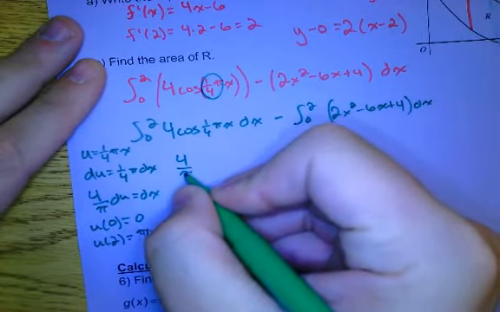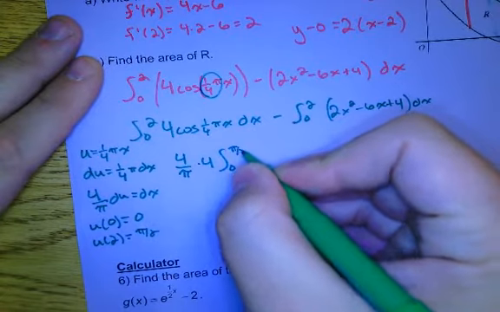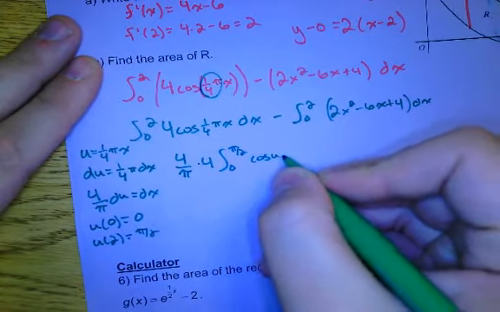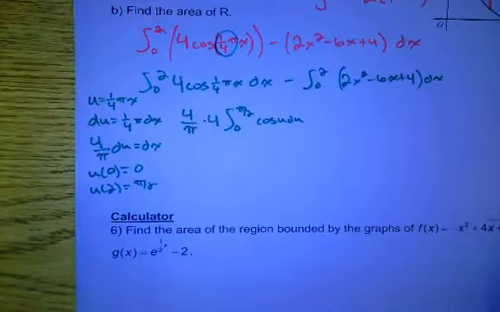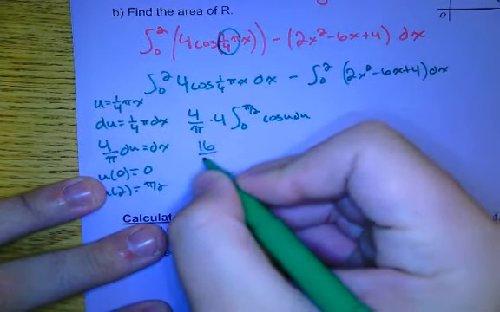So this is 4 over pi times 4, integrating from 0 to pi over 2 of cosine of u du. So when I do this, first off, that 4 times 4 is 16, so it's 16 over pi.